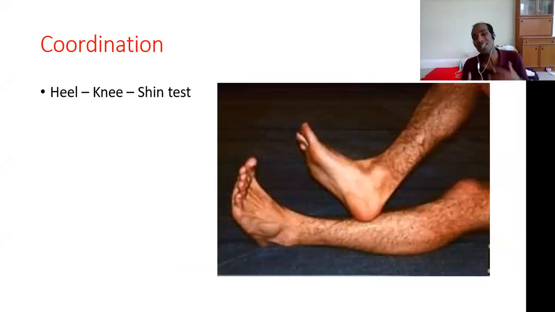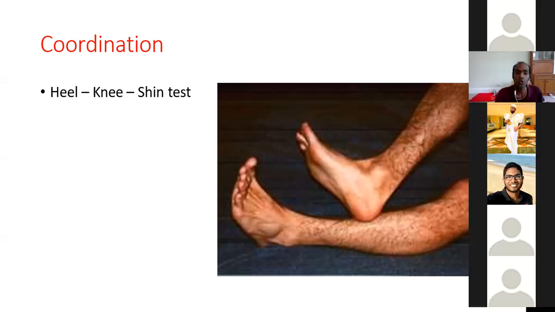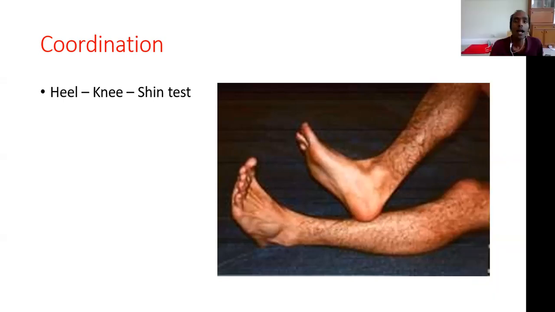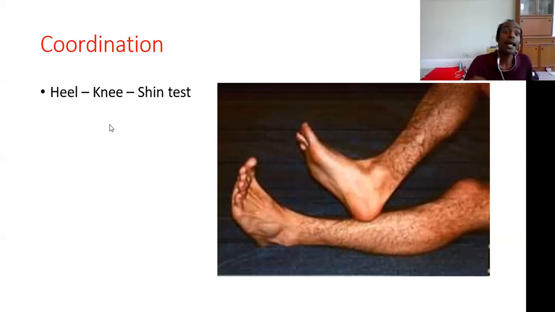It might be just because of the weakness. Okay. So in a weak leg, coordination might be difficult to comment on, because as you know, coordination is looking at the cerebellar function. But make sure that you do this routinely, and if the leg is weak, then you need to interpret it carefully.